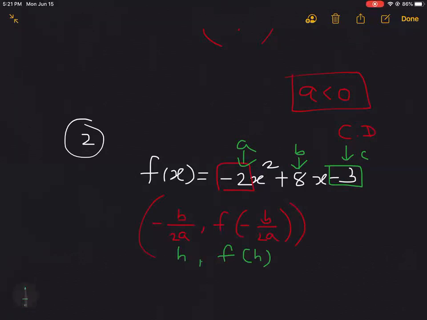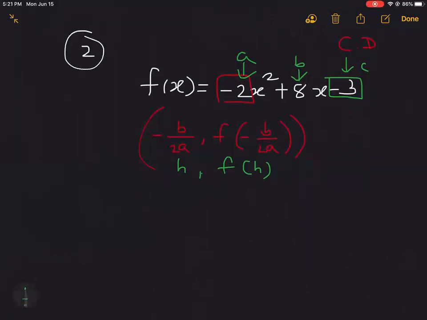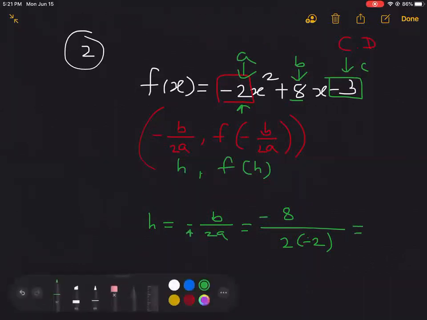I'm just showing this to compare that, you don't need to write both. Our h is, as we know, negative b over 2a. So b is 8 here, a is negative 2, and we have a negative here as well. So overall, the negative will get cancelled, and we'll have 8 over 4, that's 2.